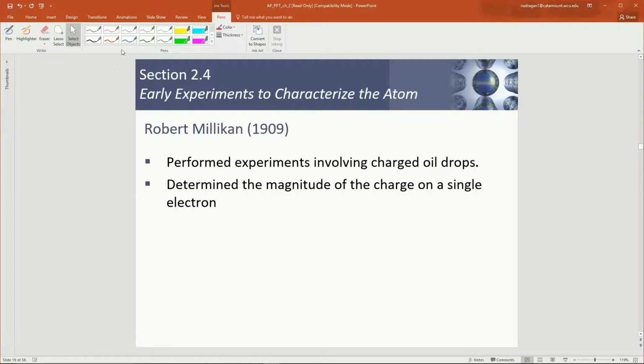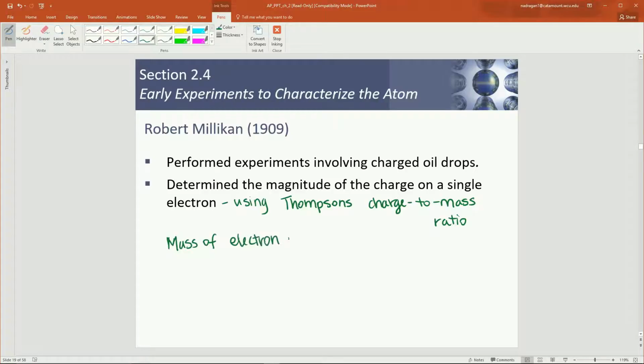Using Thomson's charge to mass ratio, he found that the mass of an electron was 9.11 times 10 to the negative 31st kilograms.